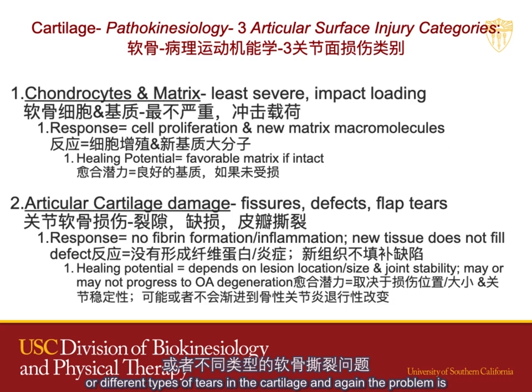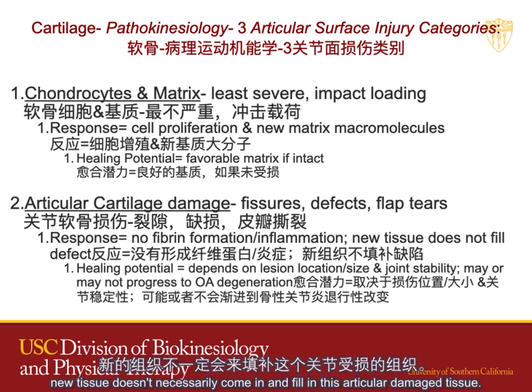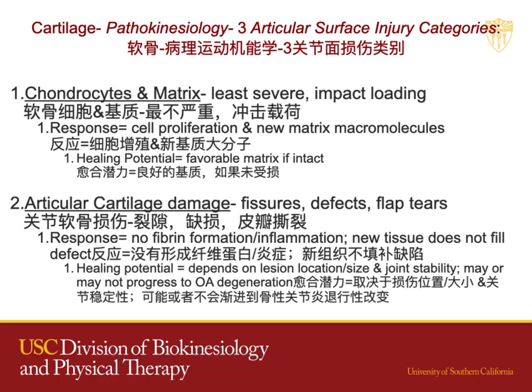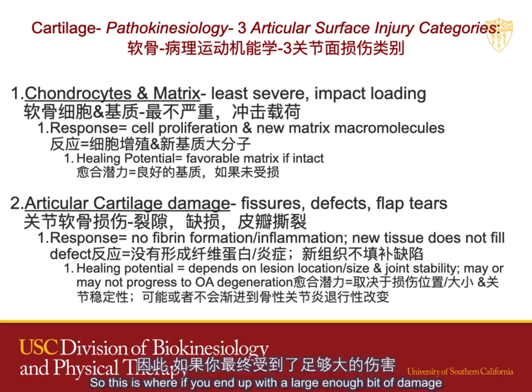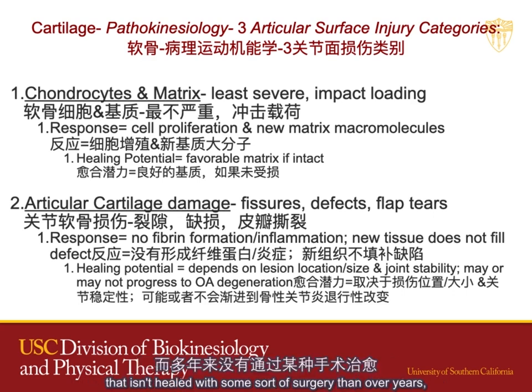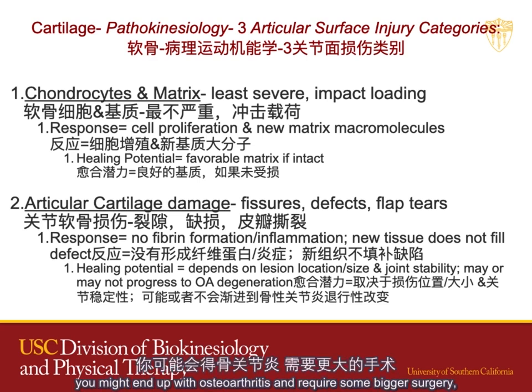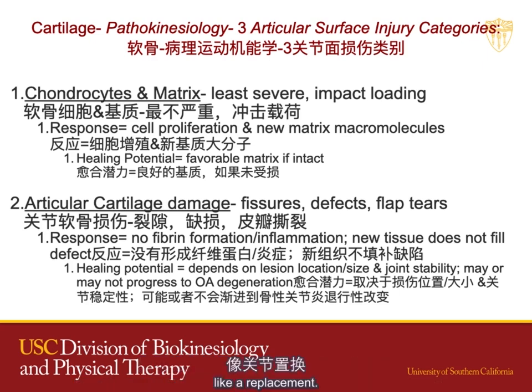And again, the problem is new tissue doesn't necessarily come in and fill in this damaged articular tissue. And so you oftentimes have to do something else for treatment, such as a joint replacement. So this is where if you end up with a large enough bit of damage that isn't healed with some sort of surgery, then over years you might end up with osteoarthritis and require some bigger surgery like a replacement.